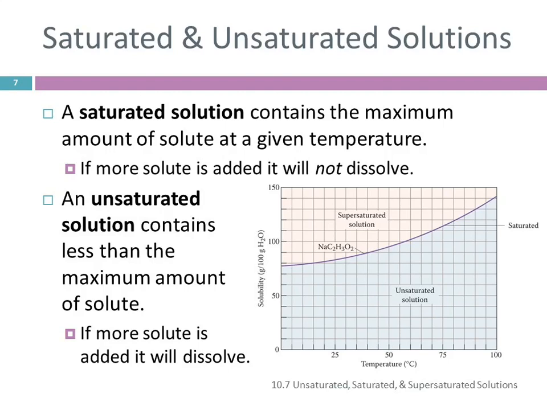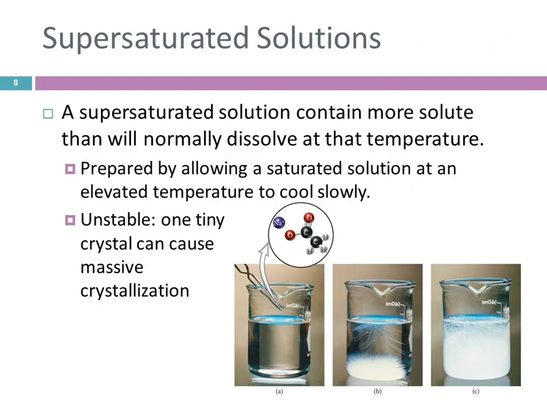So saturated and unsaturated. Then up here we have supersaturated. A supersaturated solution contains more solute than will normally dissolve at that temperature. Does that sound a little bit impossible? It's got more than will dissolve. How does that happen? This happens by creating a solution at an elevated temperature.